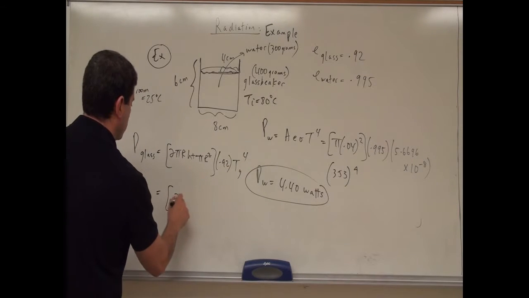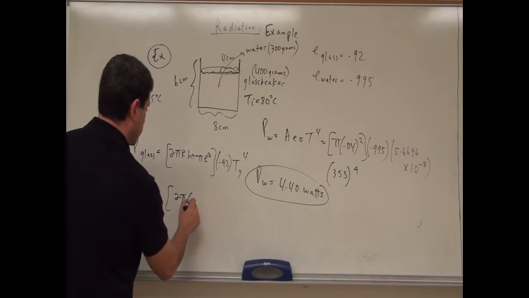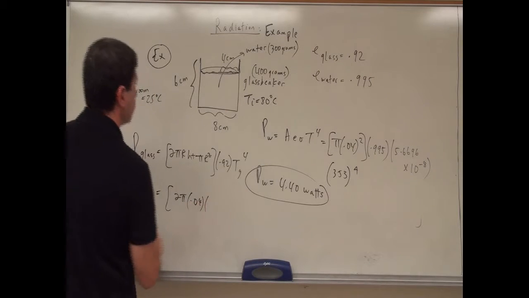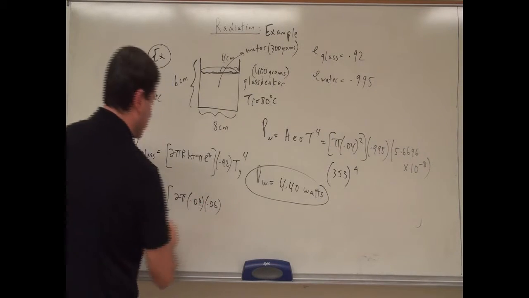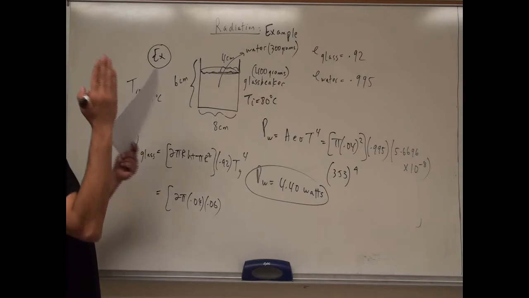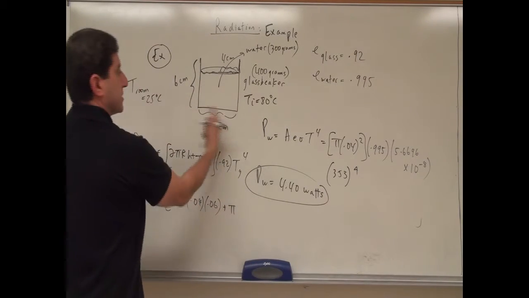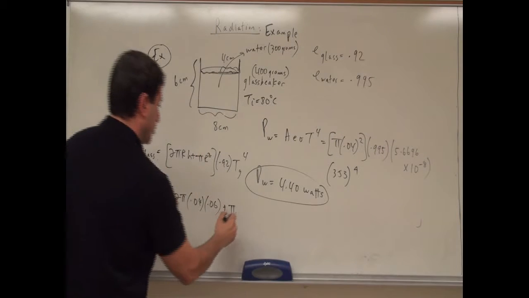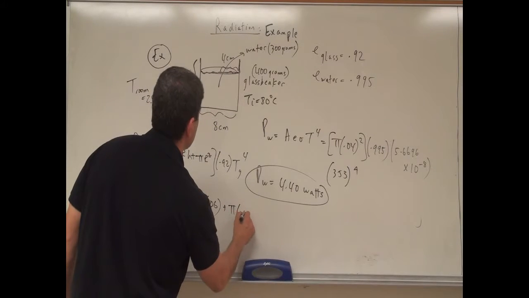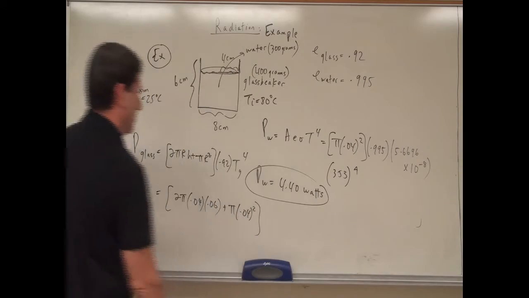So then we have here 2 pi times the radius, which is 0.04, times the height, which is 0.06, right? So that gives you the surface area of the sides, and then we add to that the surface area of the bottom of the glass, which is pi times 0.04 squared.